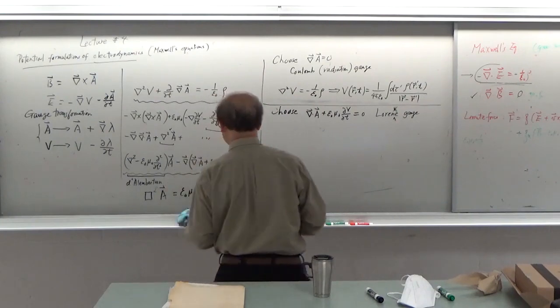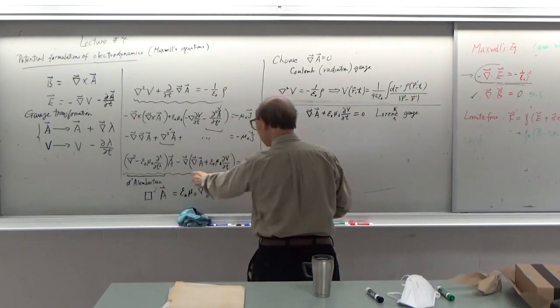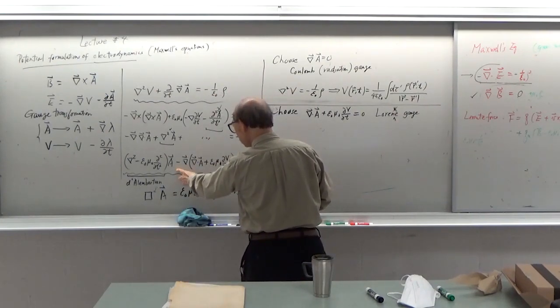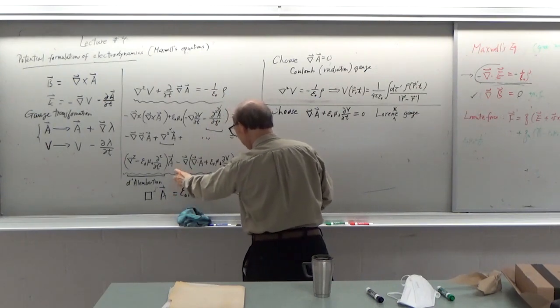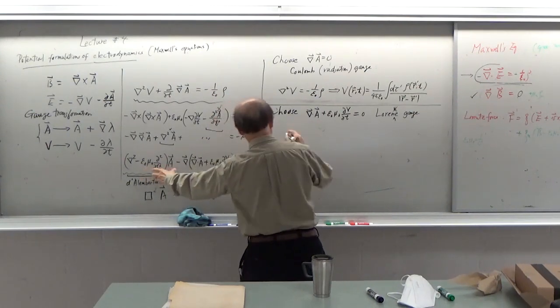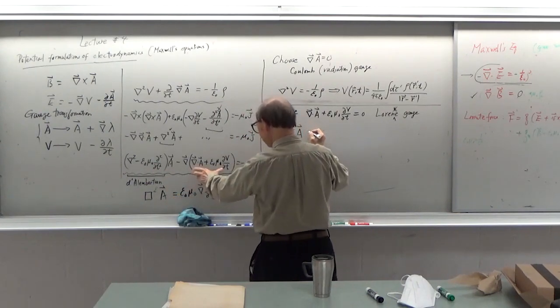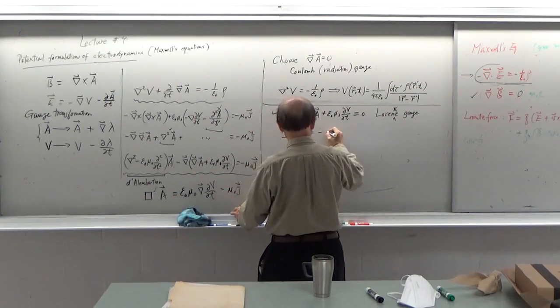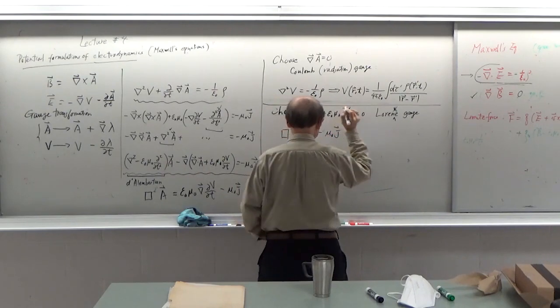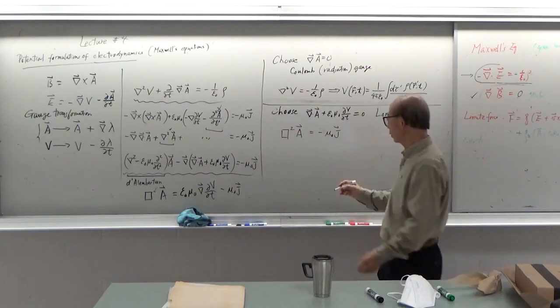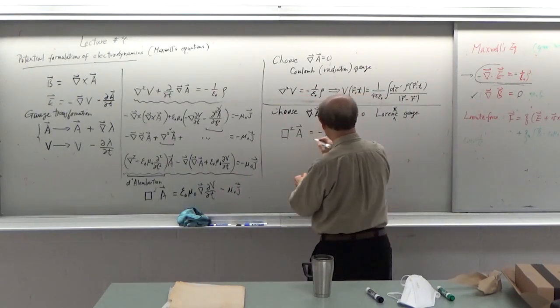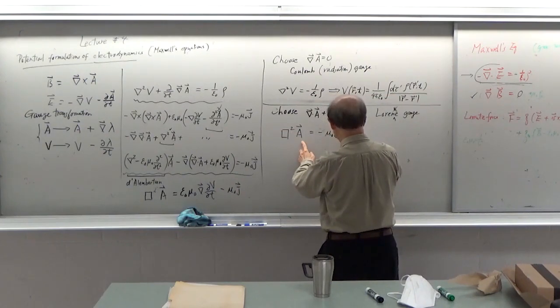All right? So right away, this second equation is very simple. This is nothing but the D'Alembertian. Of course, it's understood that both A and J depend upon space r and time t.